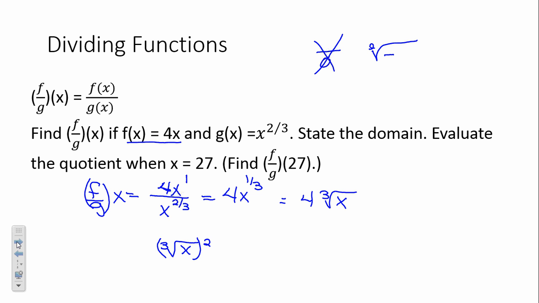Nope. So we can take negatives, right? Okay. But what would make that denominator equal to 0? Cube root of x squared can't be 0, right?